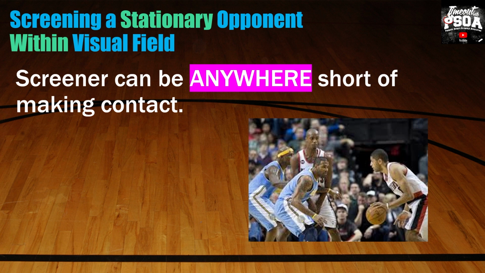He knows he is there. So in this case, the defender is stationary. The offensive screener must be stationary and could be as close as they can, short of making contact with the defender. The screener cannot initiate the contact even against a stationary opponent.